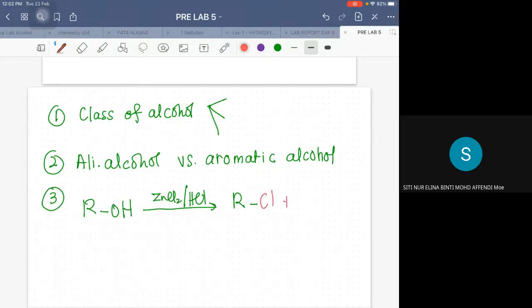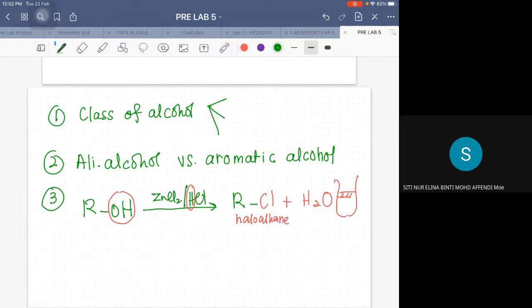So plus water. Where does the water come from? OH and the H from the acid, H2O. Okay, sebab tu kita akan dapat 2 layer. So ini kita panggil dia halo alkane. Halo alkane tidak larut dalam air, sebab tu kita dapat dua layer.